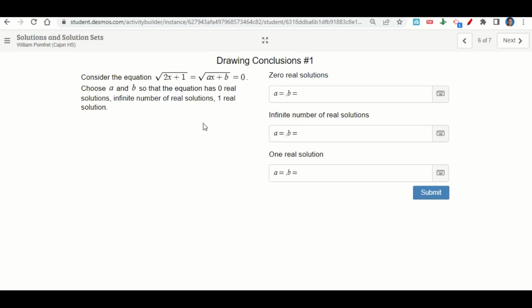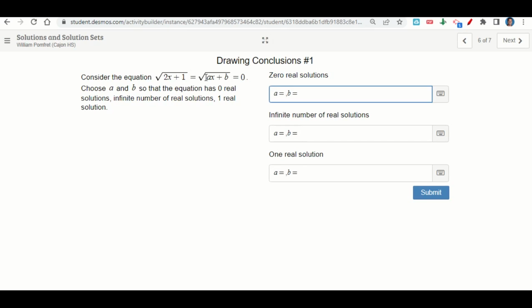Then drawing conclusions. It says, consider the equation the square root of 2x plus 1 is equal to the square root of ax plus b is equal to 0. So we're given that a and b here, and it says pick out an a and b that make each of these parts true. So what would make us have 0 real solutions? Well, we need the total underneath to be 0.